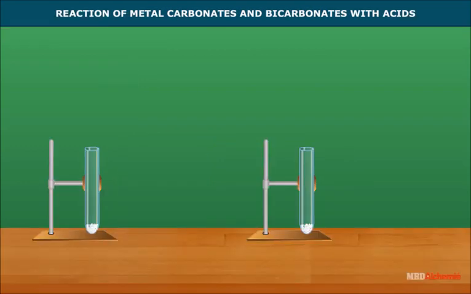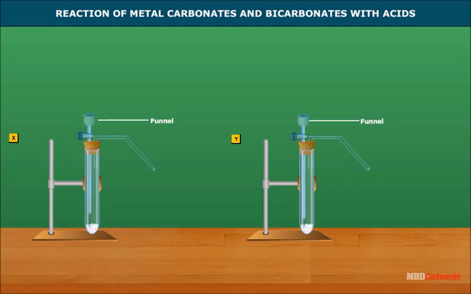Take 2 hard glass test tubes and put a small quantity of solid sodium carbonate and sodium bicarbonate in each test tube. Mark them as X and Y. Close the mouth of each test tube with a cork fitted with a funnel and delivery tube. Now, add 5 ml of dilute hydrochloric acid to each test tube.